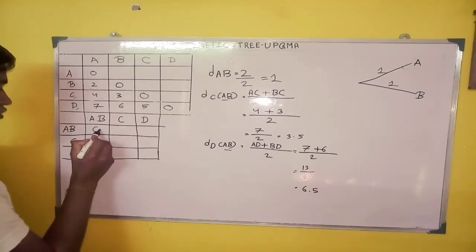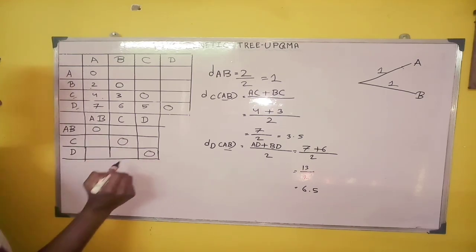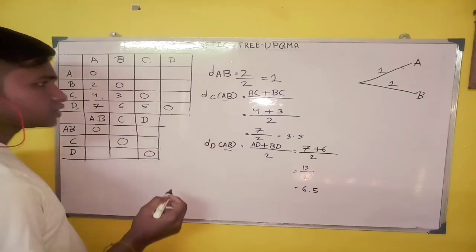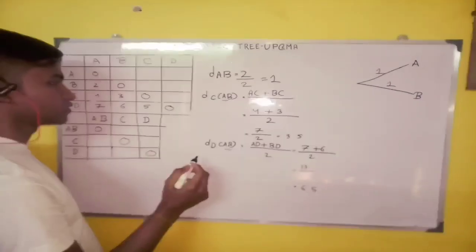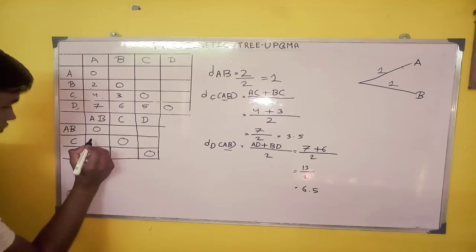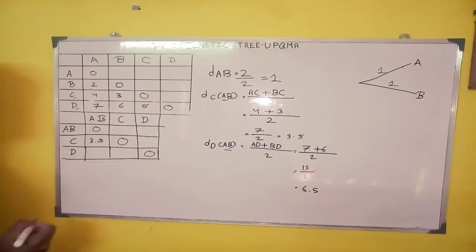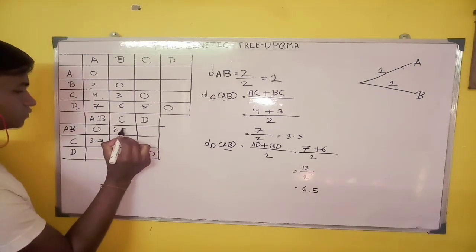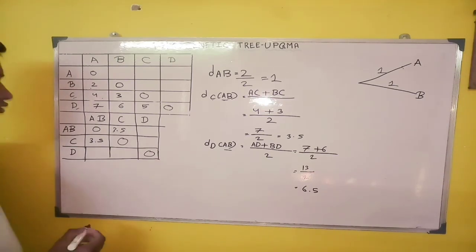Here will be 0, here 0, here 0. The distance of C in respect of AB is 3.5, so we write 3.5 here and also here.